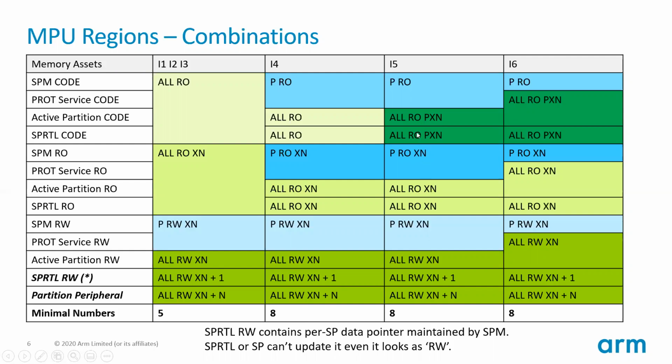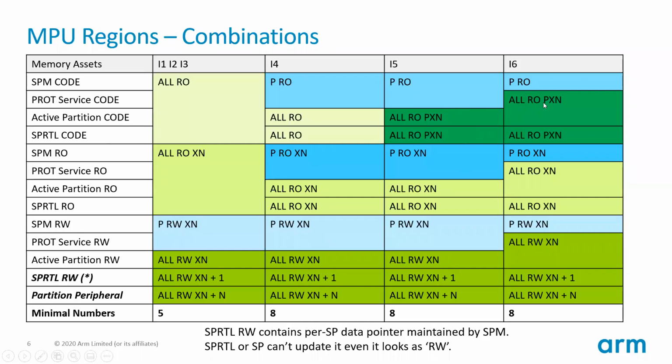One thing to mention here is that in I5, even the SPM could not execute non-privileged code. So here we need to set the privileged execution never attribute on the unprivileged code. So at least for I5 and I6 we may need the V8.1 feature.